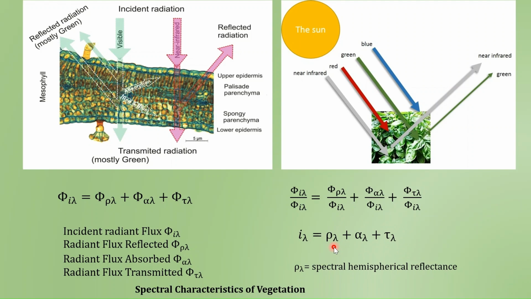But in case of remote sensing, this part is very important because this spectral hemispherical reflectance is the amount of energy which will reach the sensor after the interaction with the vegetation.